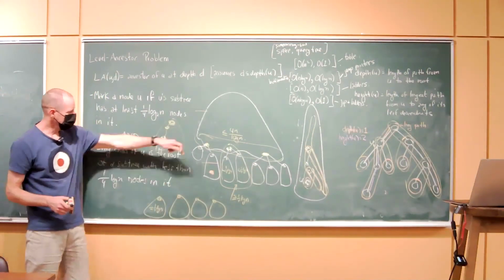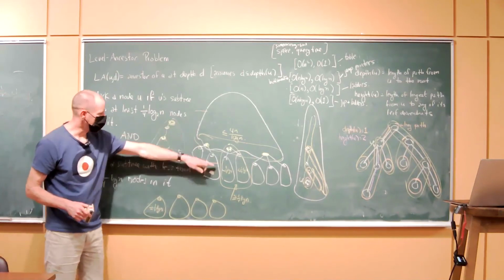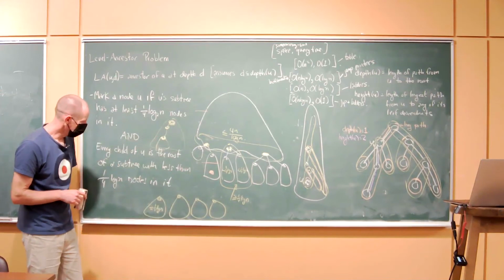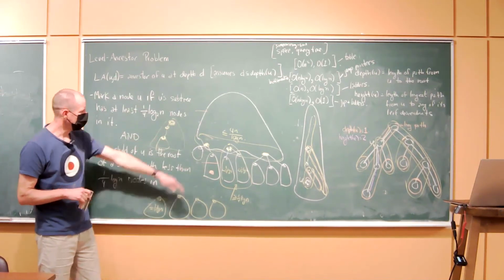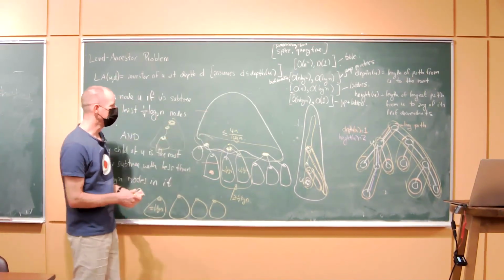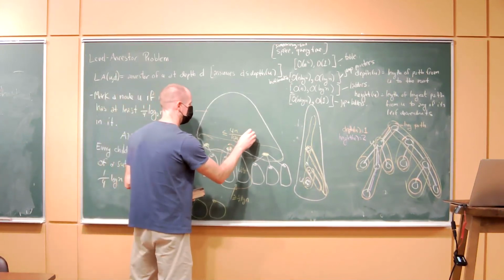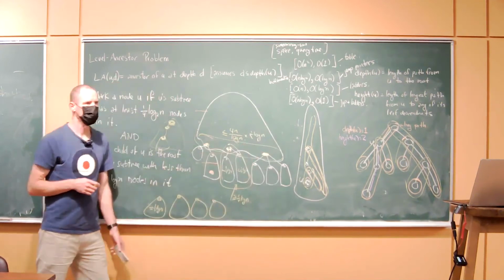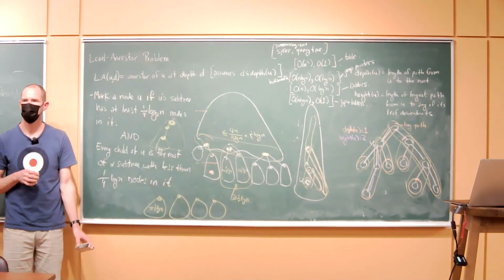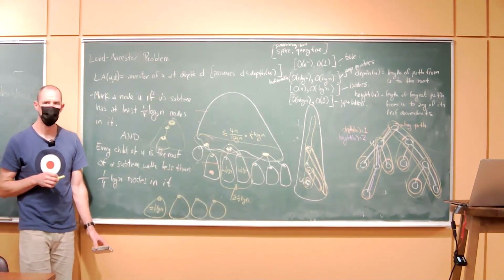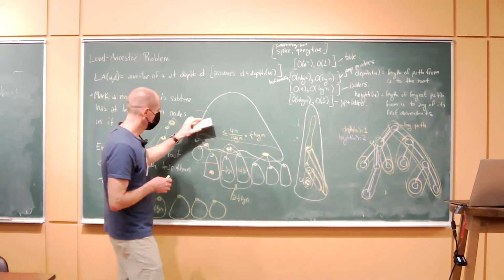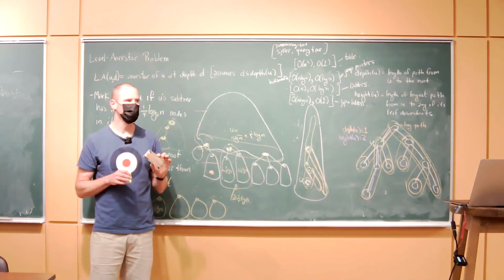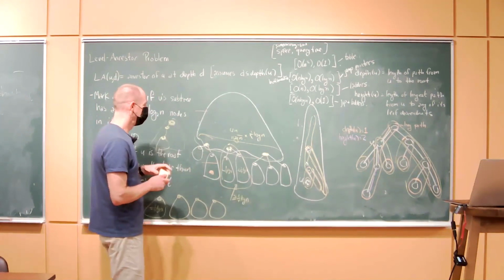Because each one uses up a quarter log n of the available nodes. And so as soon as I had more than 4n over log n of them, that would mean that I have more than n nodes, which is not the case. Yeah? Clear? All right.